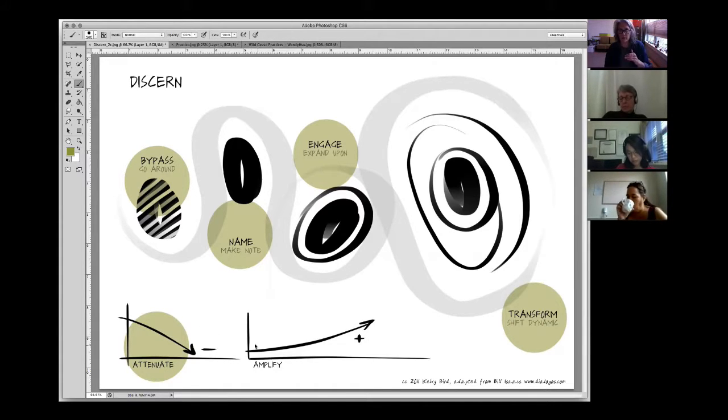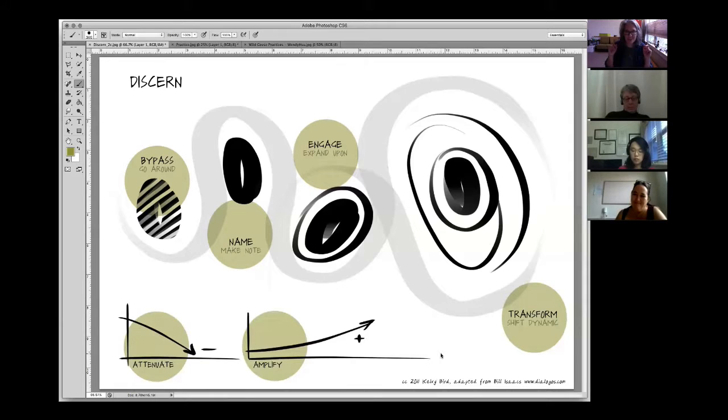Then another thing that we can do in making these choices of discernment is to amplify. This would be where we want to reinforce something, so it would be a reinforcing dynamic. And if we want to amplify, an example could be where in the same dialogue of 12 people, one person has been speaking for 15 minutes, and maybe 4 other people talk for another 10 minutes, and one person talks for 20 seconds of that whole 30-minute dialogue.